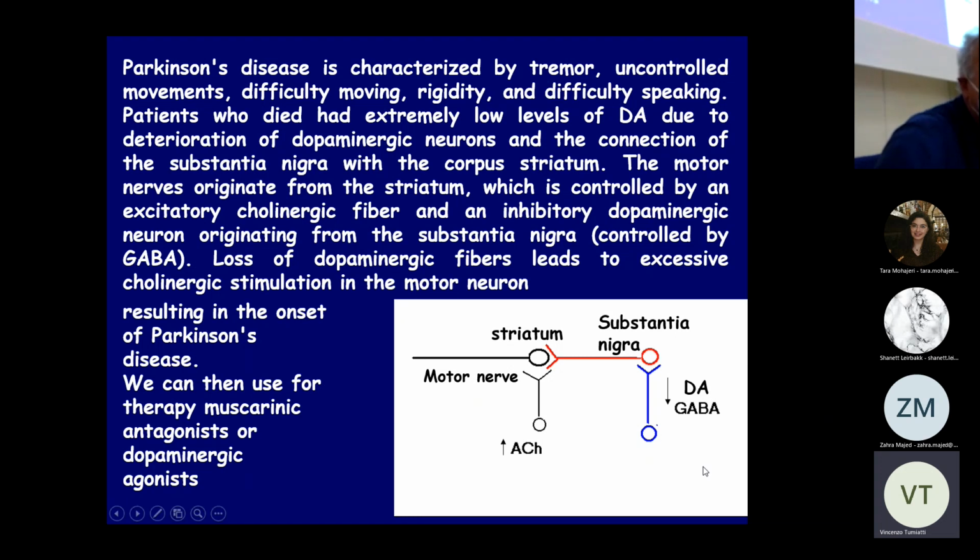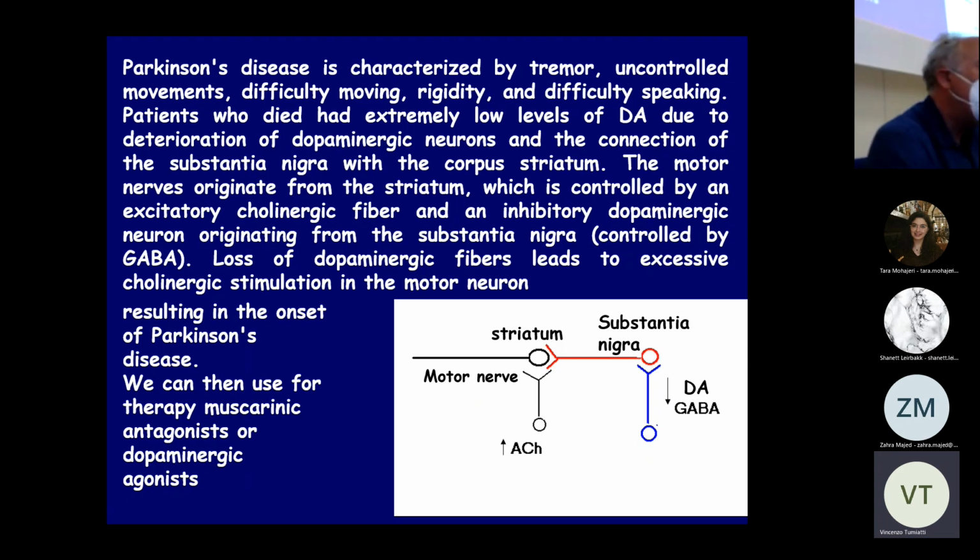So the problem is, when there is Parkinson's disease, we have a decrease of dopamine. This means that we have an increase in activity of acetylcholine, which is an activator of the motor nerves.